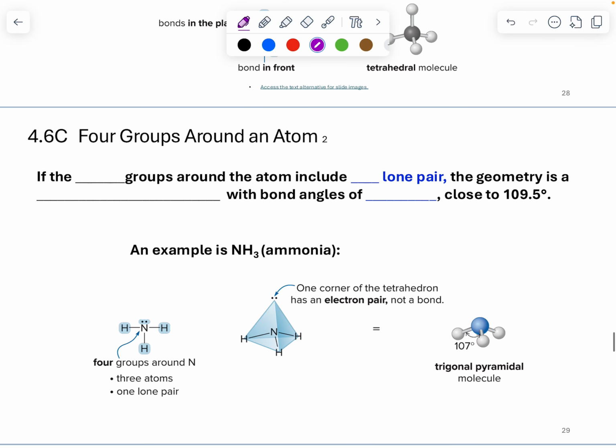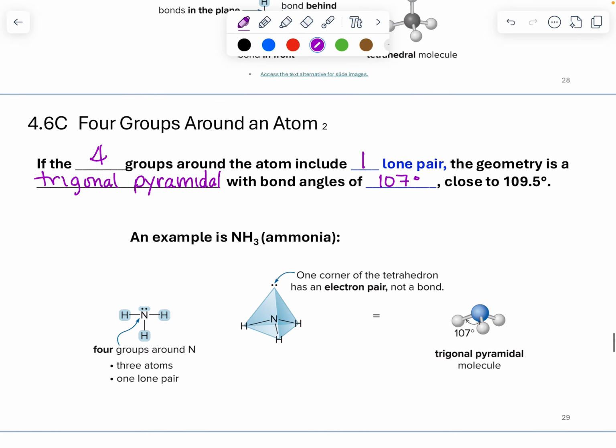Alright, so when we're talking about 4 groups around an atom, if the 4 groups around the atom include 1 lone pair, then we say that the geometry is trigonal pyramidal with a bond angle of 107 degrees.